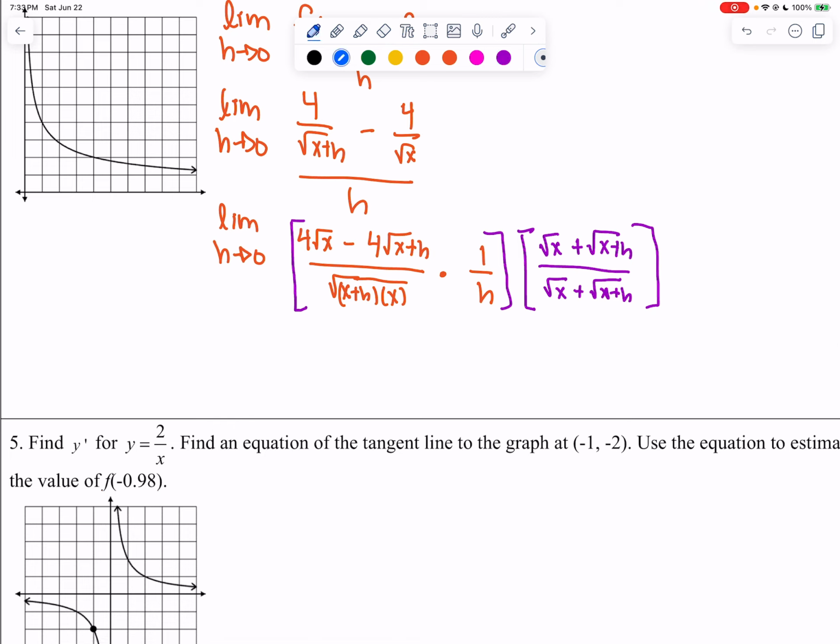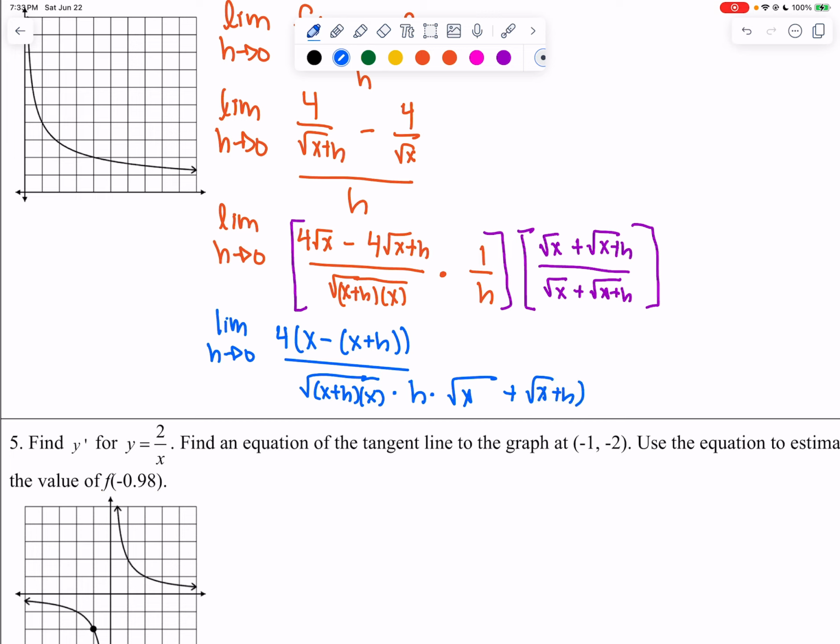So then I have the limit as h approaches 0 of 4 and then x minus x plus h, all over square root of x plus h times x times h times the square root of x plus the square root of x plus h.